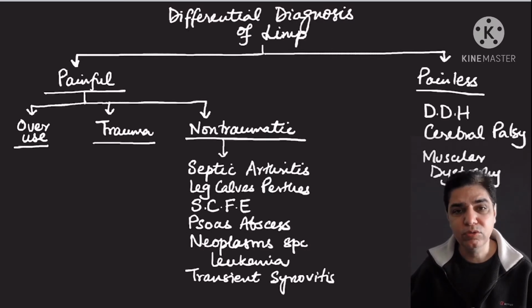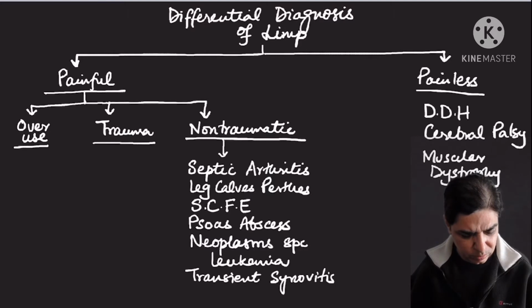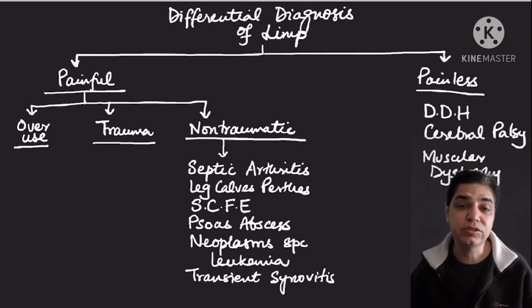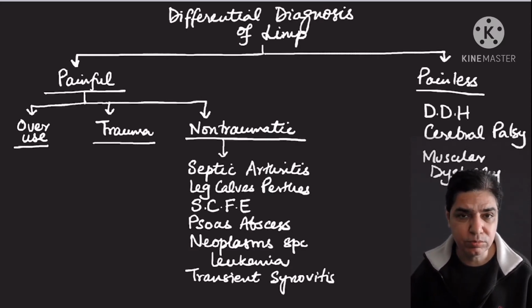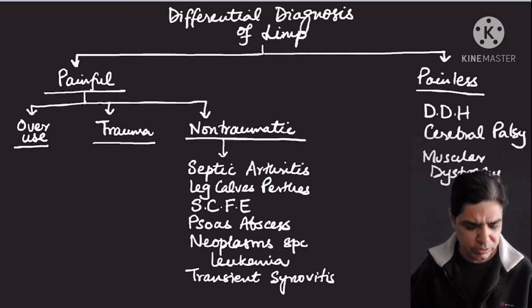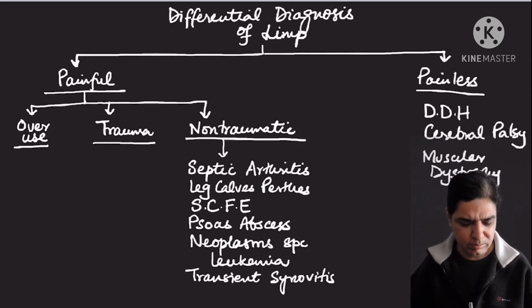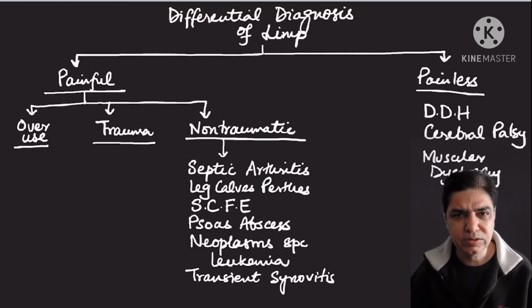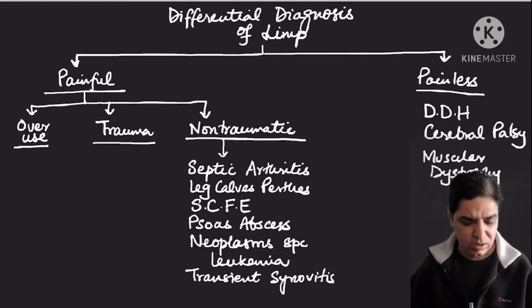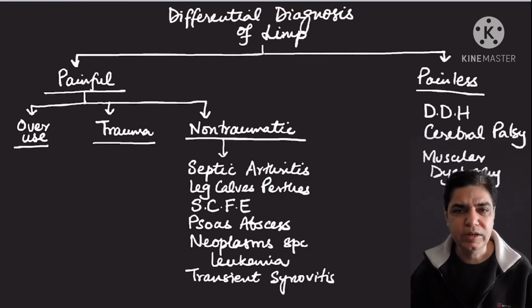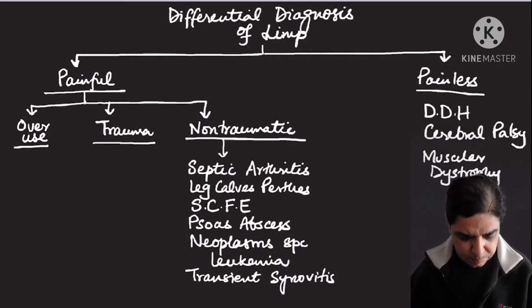So overuse of the muscles or the ligaments can give them a painful limb. Some of the common problems in this category are Osgood-Schlatter disease, which is a traction apophysitis of the tibial tuberosity, iliotibial band syndrome, and some of the other muscular overuse, ligamentous sprains and strains.